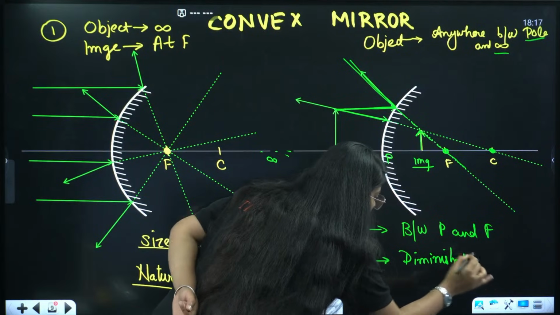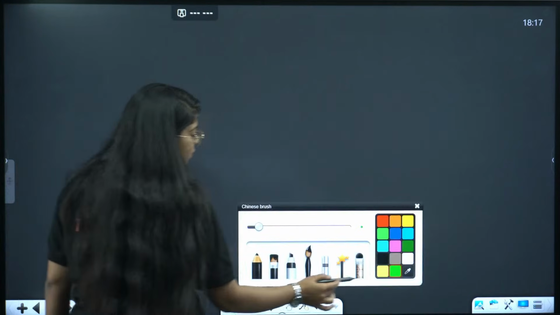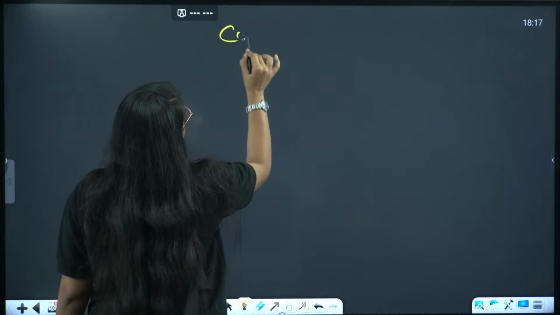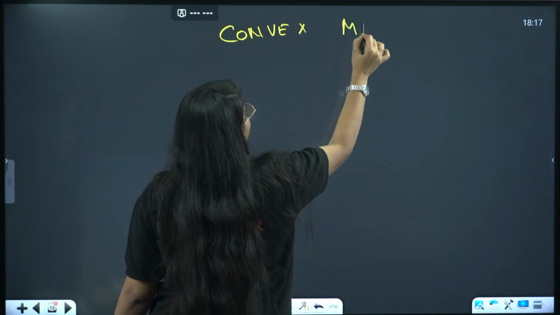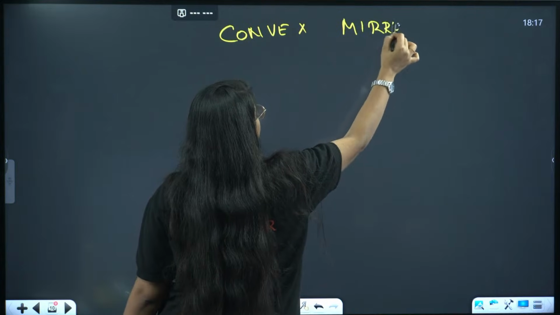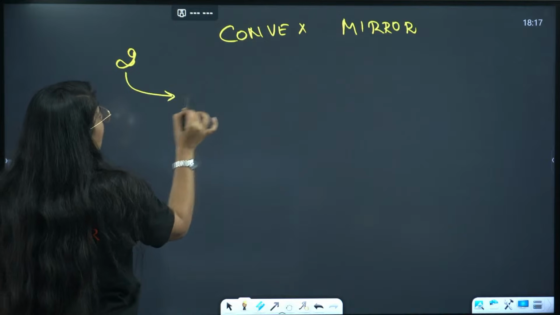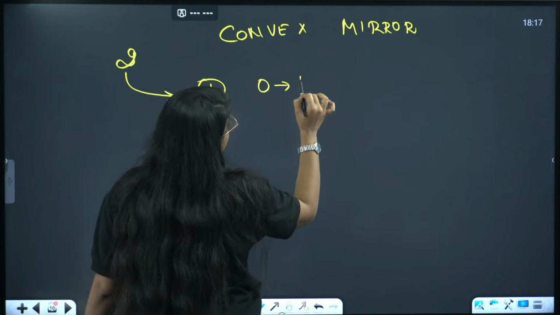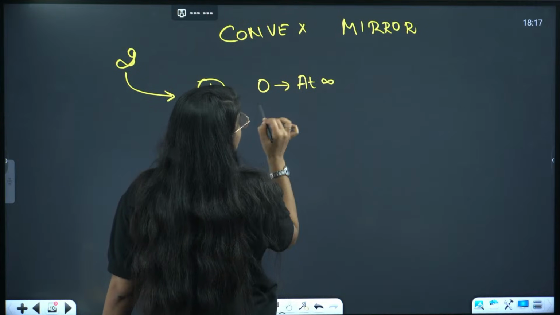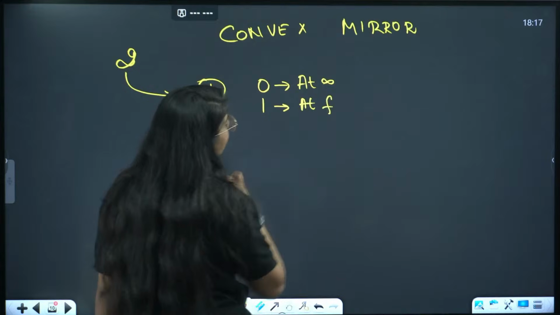ठीक है. Now let us see the summary of convex mirror. In convex mirror we just have two cases, right? For the first case, the object is at infinity and the image is at focus, right?